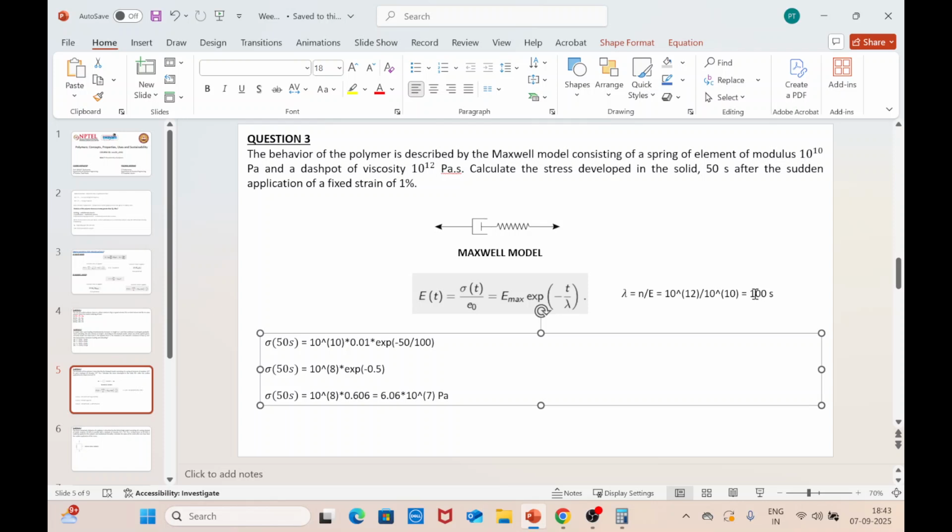Because we saw where the Kelvin-Voigt model gives a good prediction for when the constant stress is applied. Any questions in this? If not, then we can move on to the next question.